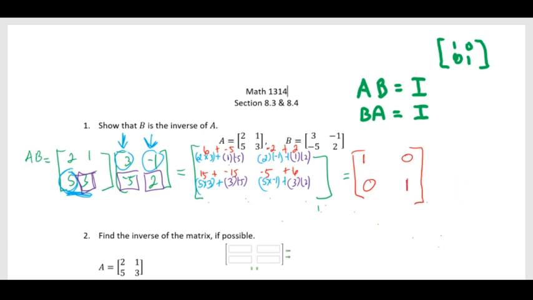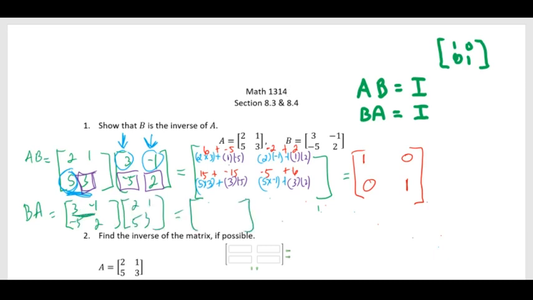So as you can see, when we multiply A times B, we get the identity matrix 1, 0, 0, 1. However, we still need to make sure that if we reverse the two matrices, we're still going to end up with the identity matrix.